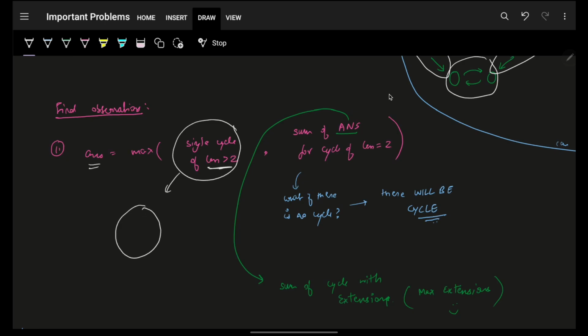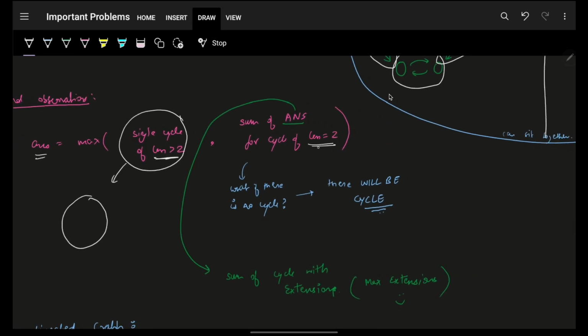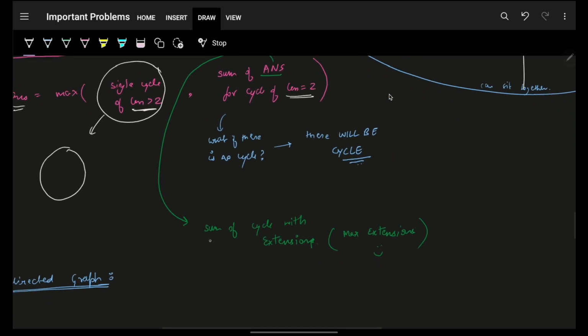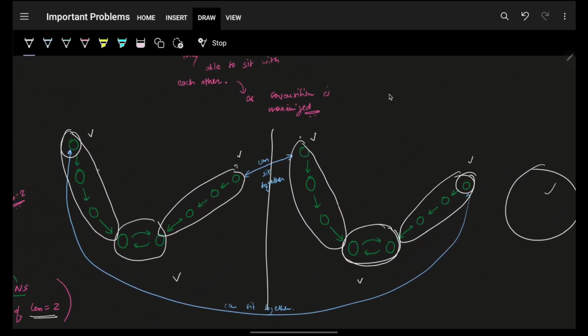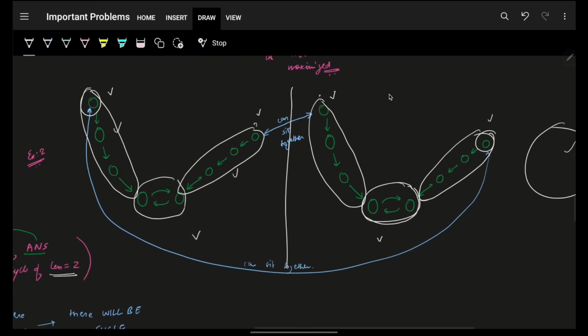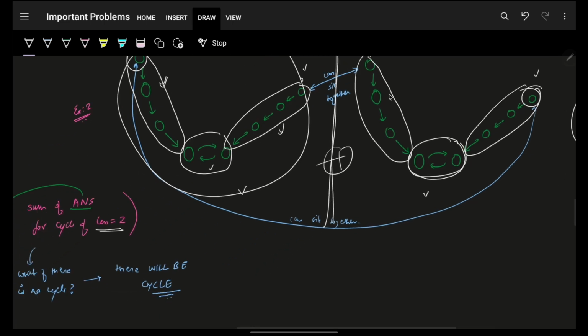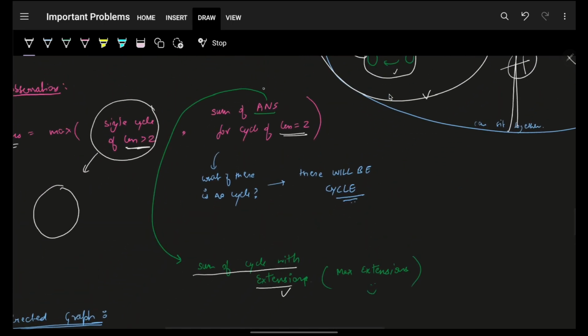If it is equal to 2, then you will try to have the sum of all those components, along with the extension. Just count the cycle component along with the extension, and simply add them. This can be the other candidate.